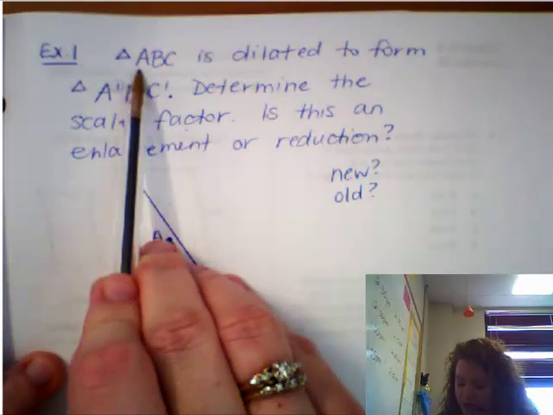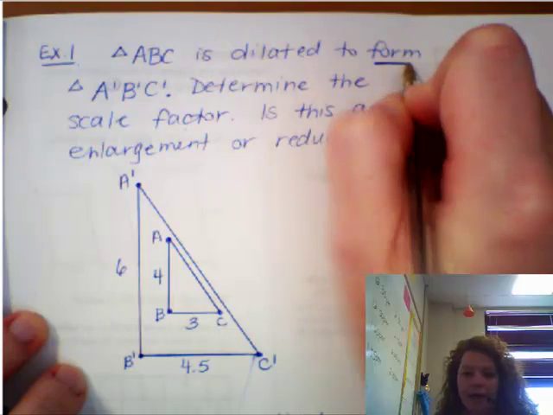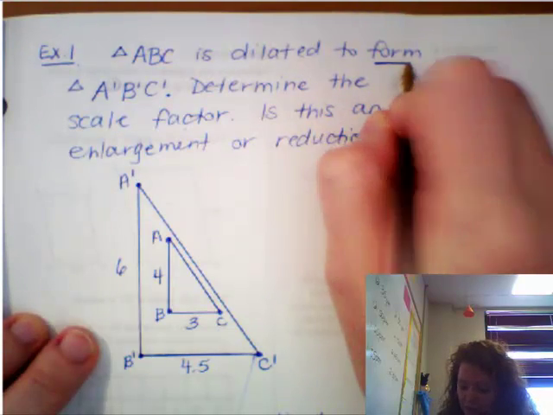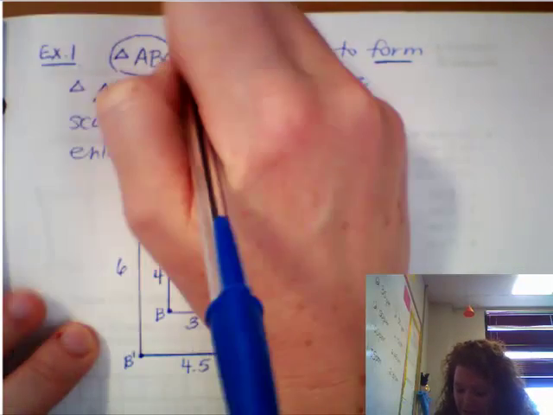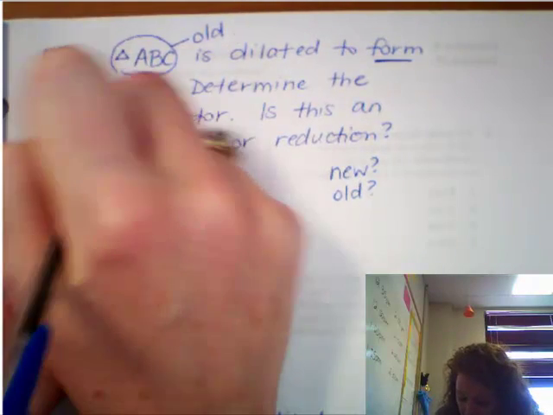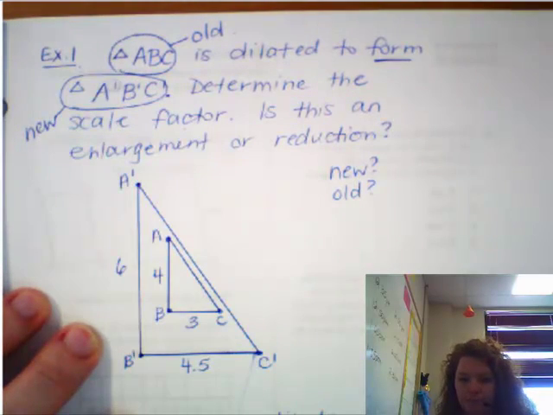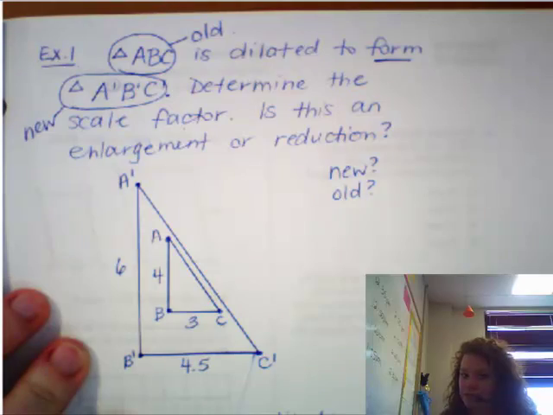So it says triangle ABC is dilated to form, to make a new one. So that means that triangle ABC is the old one, and triangle A prime, B prime, C prime is the new one. Okay? And that's the first thing we need to do.